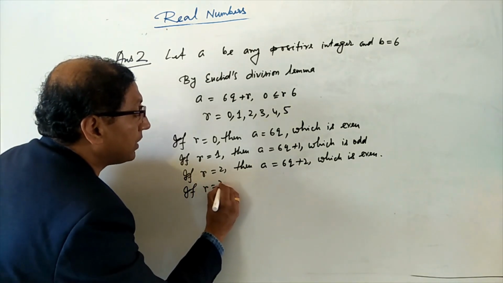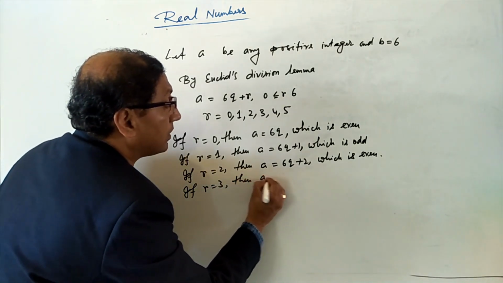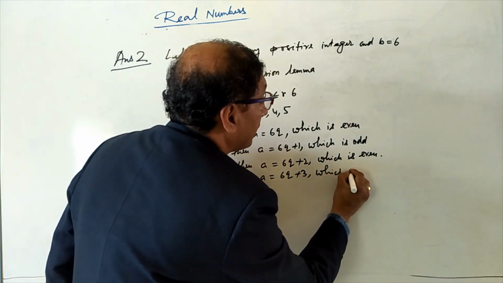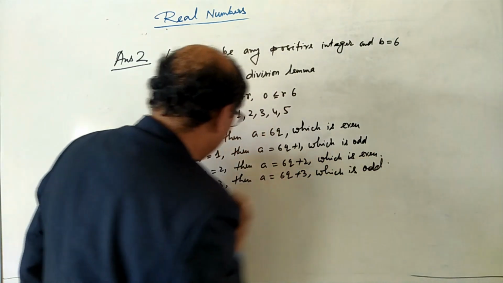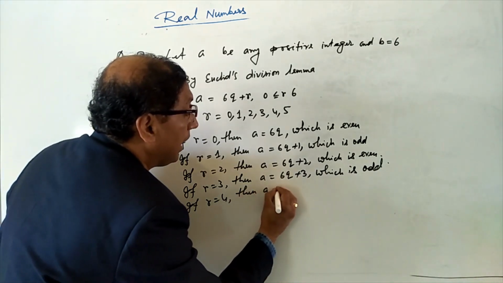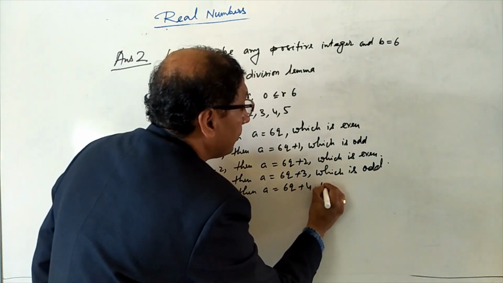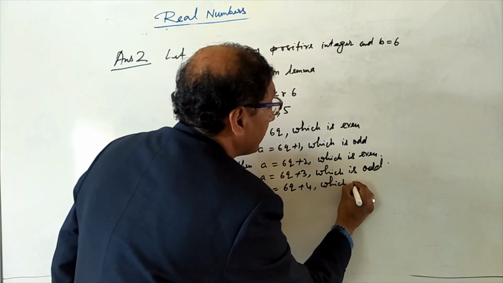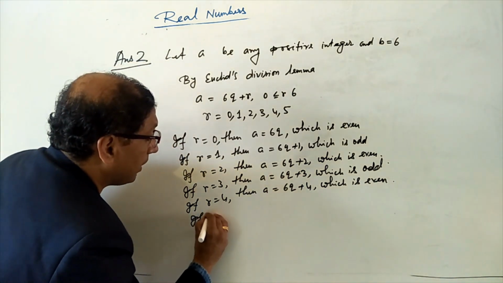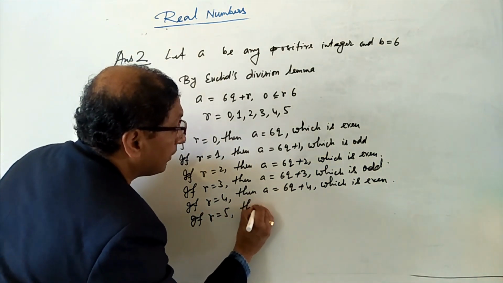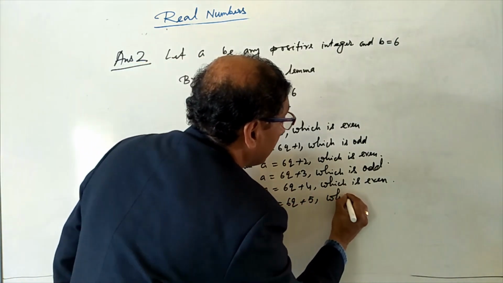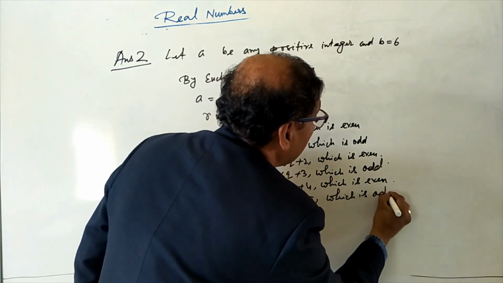If r equals 3, then a equals 6q plus 3, which is odd, right? If r equals 4, then a equals 6q plus 4, which is even. If r equals 5, then a equals 6q plus 5, which is odd.